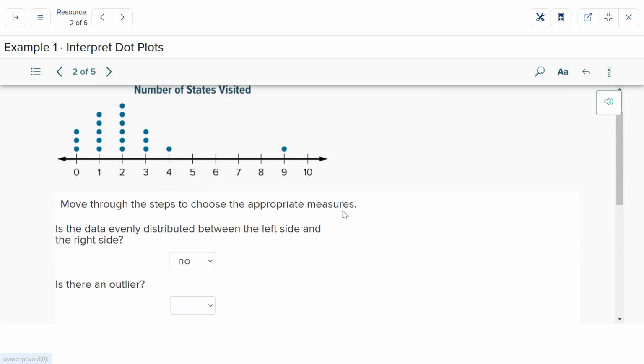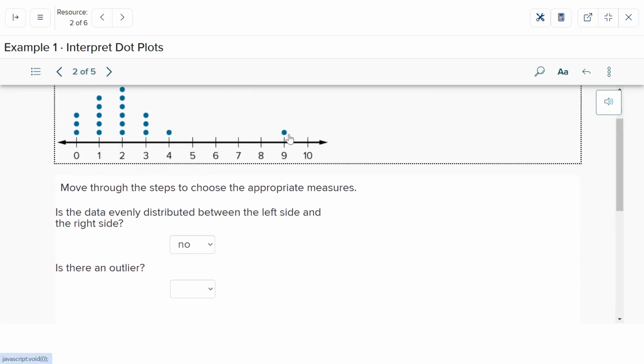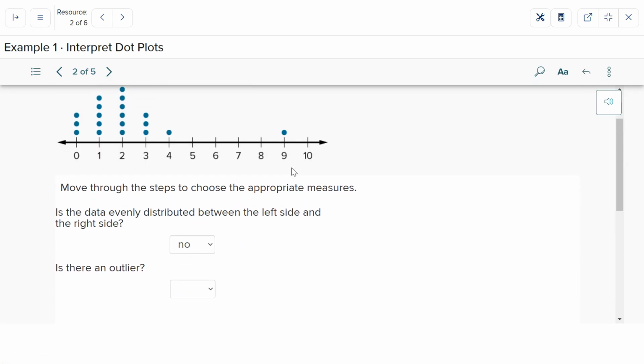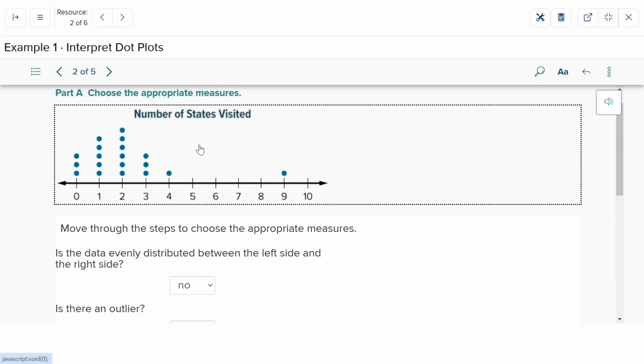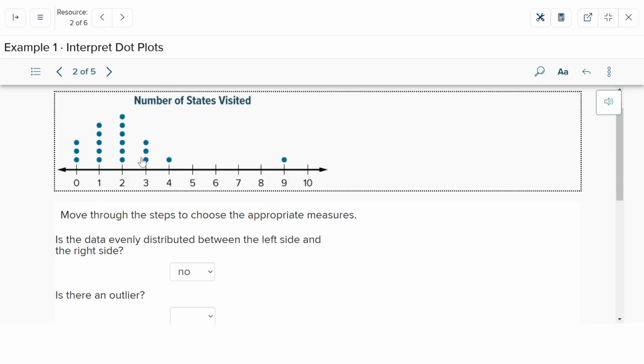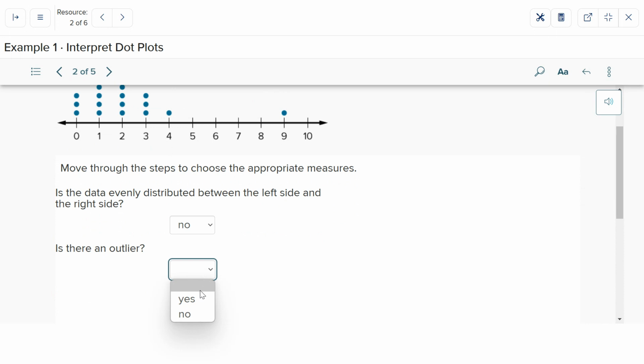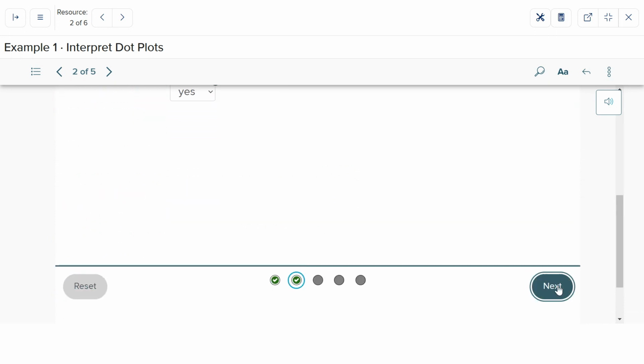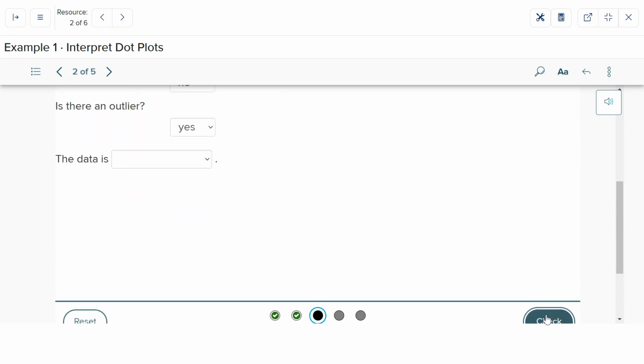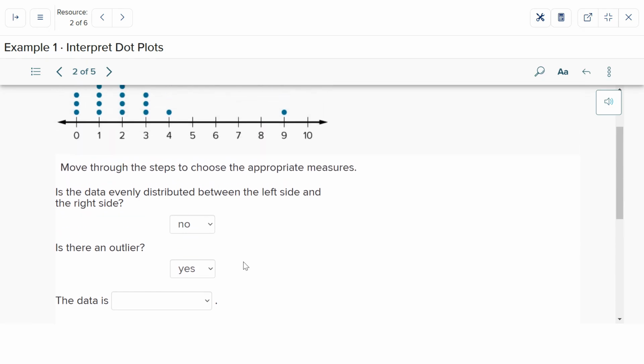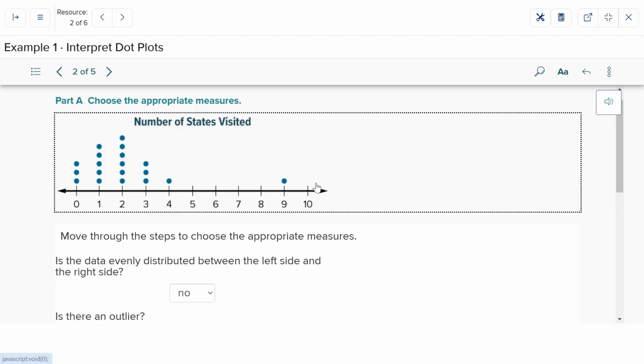Well, just from looking at it, I'm going to say probably this 9 is an outlier. If you wanted to actually calculate that, you could, but that is so far over here by itself, I'm going to say, yeah, probably that's an outlier. It's okay to eyeball that sometimes, especially when it's that extreme. So the data is therefore not symmetric. We knew that already just from looking at the graph.